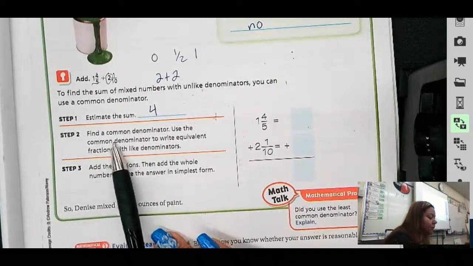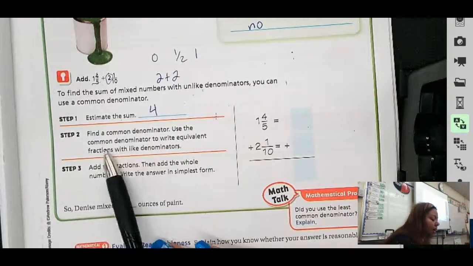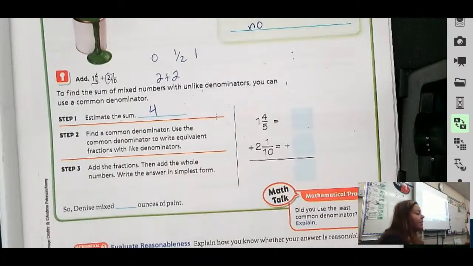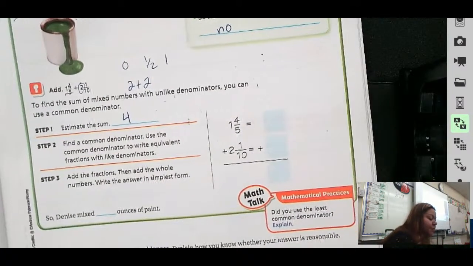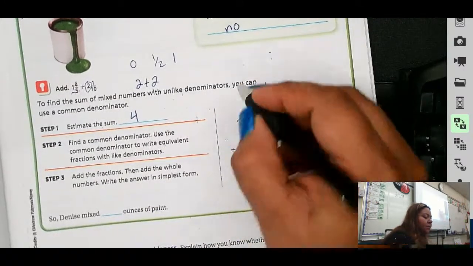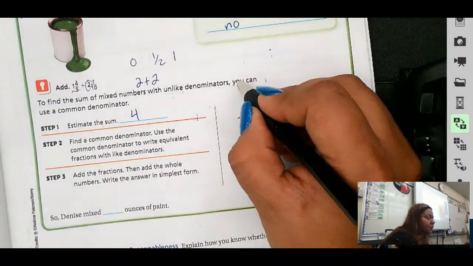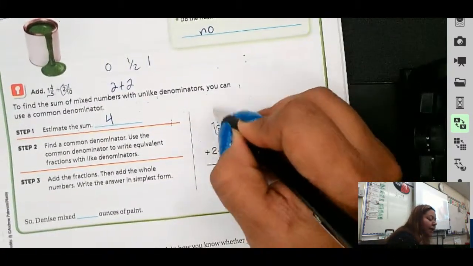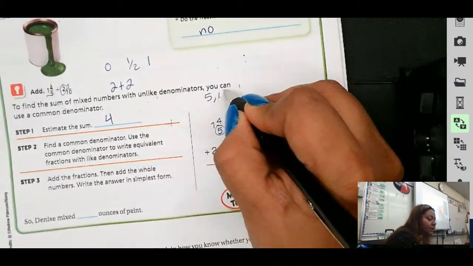Now, step number 2, find a common denominator. Use a common denominator to write equivalent fractions with like denominators. And that's basically what we've been doing all this time. So my first step is to find a common denominator. So I write my multiples to find a common multiple. I'm going to start with 5, 5, 10.